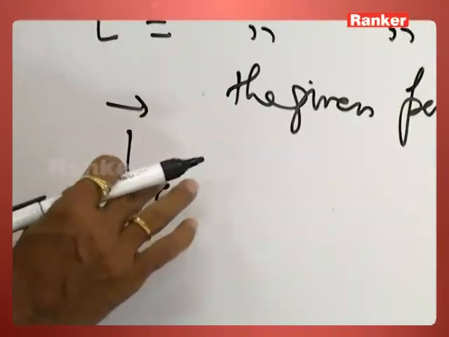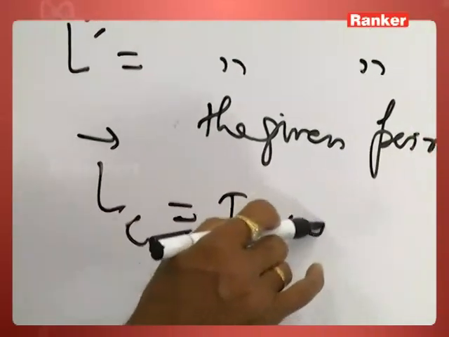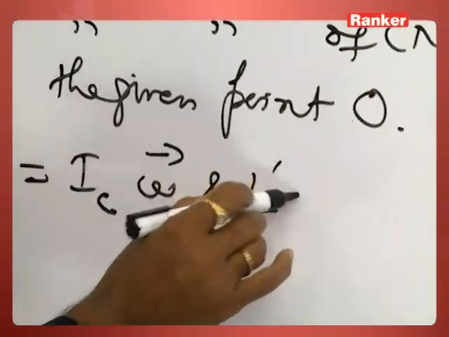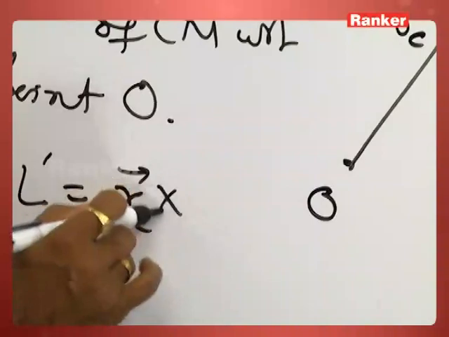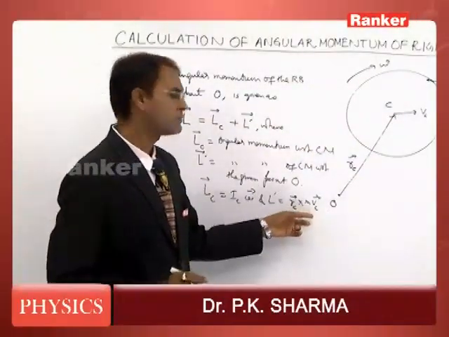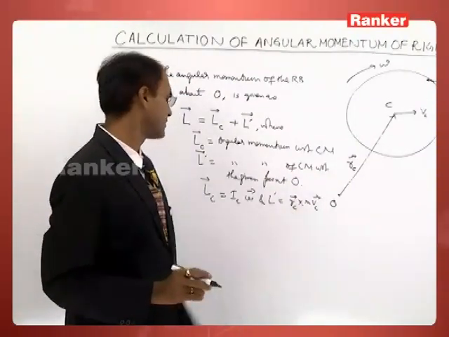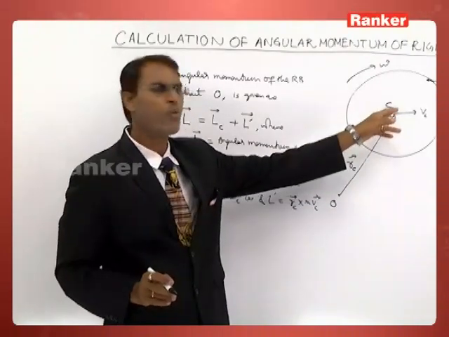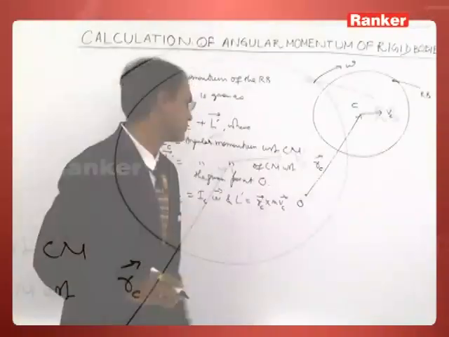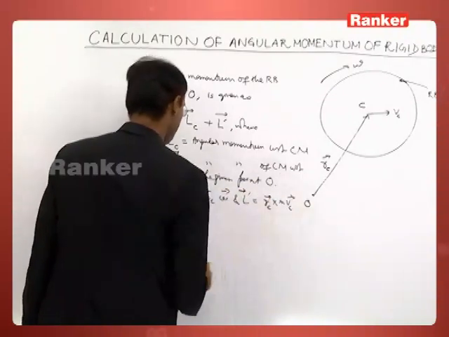L_C is equal to I_C omega, we calculated, and L' is equal to r_C cross m v_C. We studied this concept while we discussed the angular momentum of a point mass. This is a point where the entire mass of the rigid body is supposed to be centered. So its angular momentum of the center of mass with respect to the given point is this much.